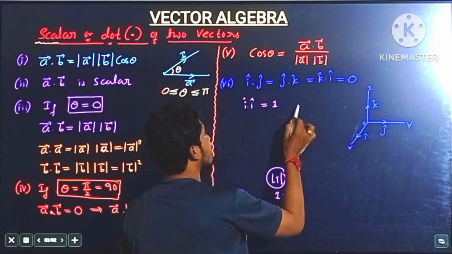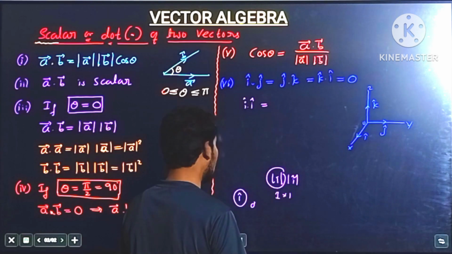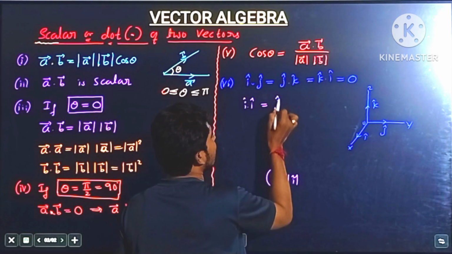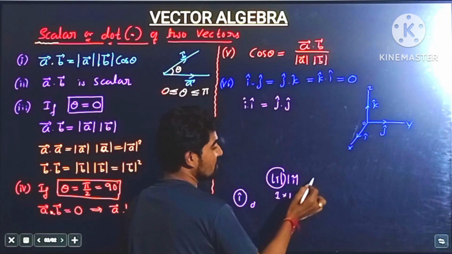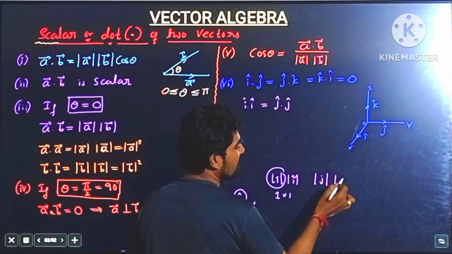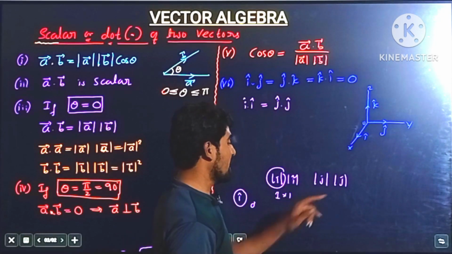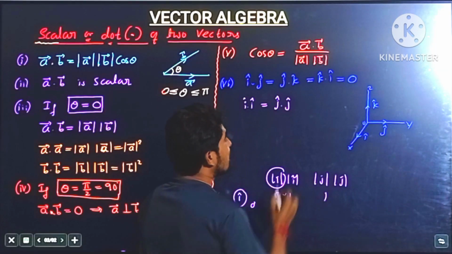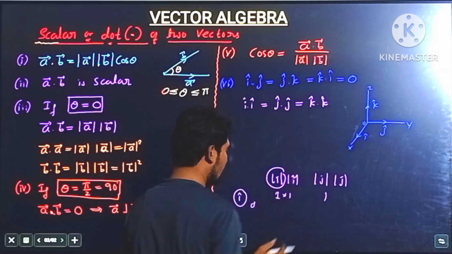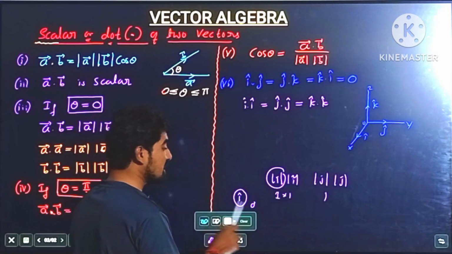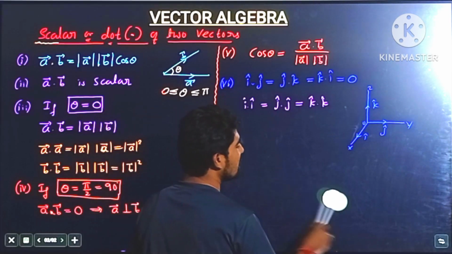Similarly, for j dot j, the angle made by j cap with j cap is equal to 0 degrees. So j dot j is equal to magnitude of j cap into magnitude of j cap, where the magnitude of j cap is 1 unit. Similarly, k dot k: the angle made by k cap with itself is also 0 degrees.